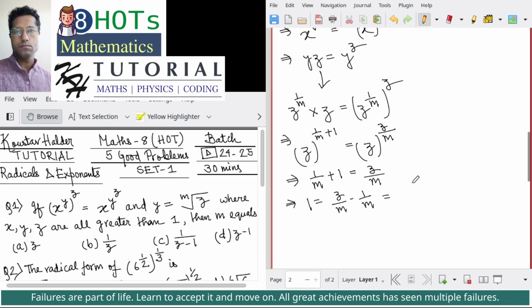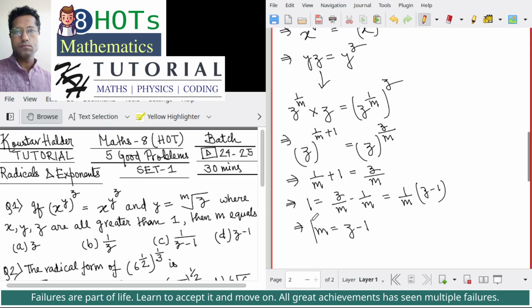From here I can take 1 by m as a common factor, and I get z minus 1. So this implies, if I do cross multiplication, I get m is equal to z minus 1.